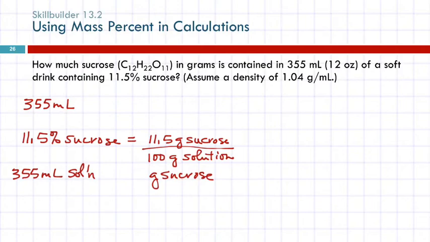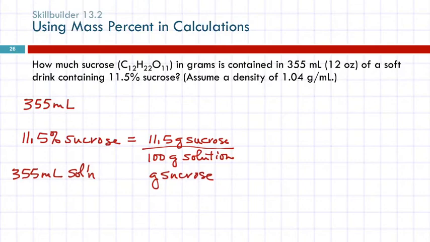Can we go directly from milliliters to grams here? We have a density. What is this density for? It's for the soda, right? 1.04 grams of soda per 1 milliliter of soda.